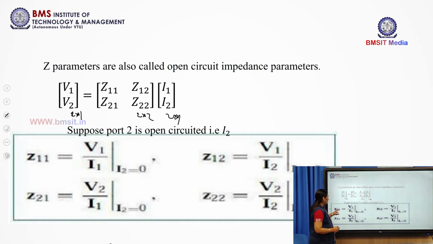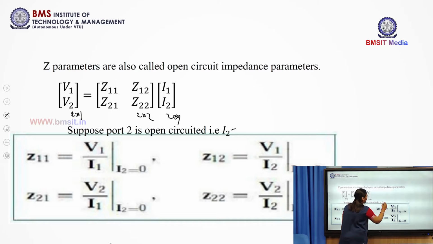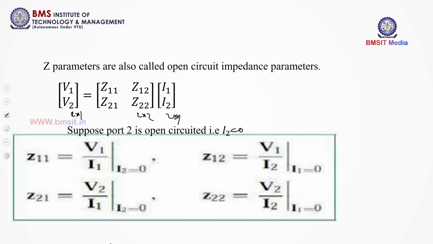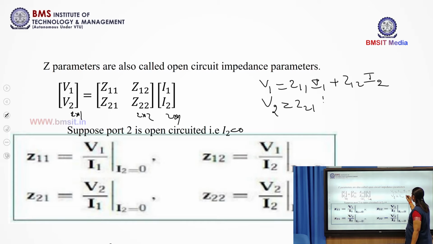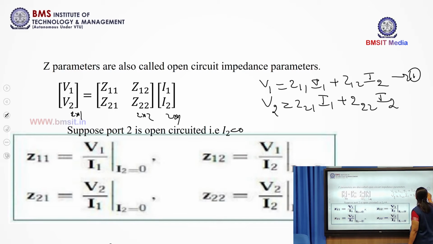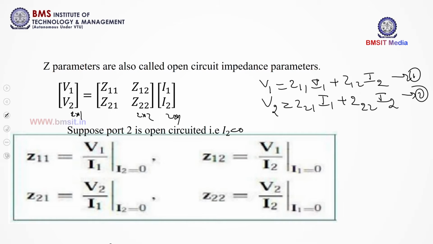Now we will evaluate this equation by substituting I2 equal to 0. We have V1 equal to Z11 I1 plus Z12 I2. Similarly, V2 equal to Z21 I1 plus Z22 I2. Let me call this equation number 1 and this equation number 2.